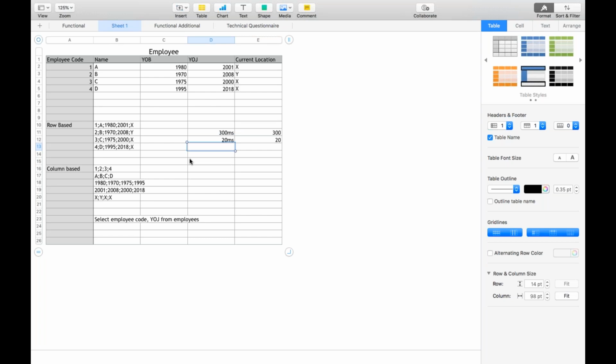Okay, so number one, it provides you faster reporting, faster query processing, because only those columns will be scanned which are used in the report. Second important thing which we discussed already is compression. When you store the data in the column-based form, the data gets stored in the compressed form. Now, what is compression? Let me give you one example here. The X value is repeating 3 times. Okay, X is just a single value, no problem.